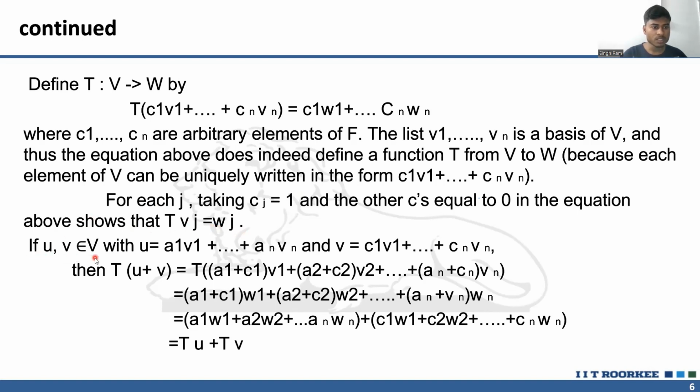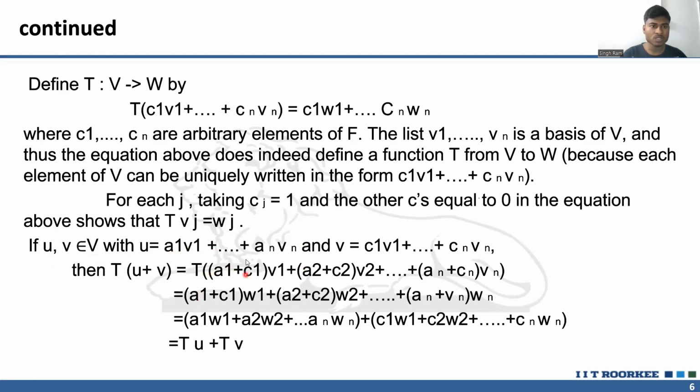If u, v belong to vector space V with u equal to a1 v1 plus up to an vn and v equal to c1 v1 plus up to cn vn, then what will T of u plus v be? U can be written as this.